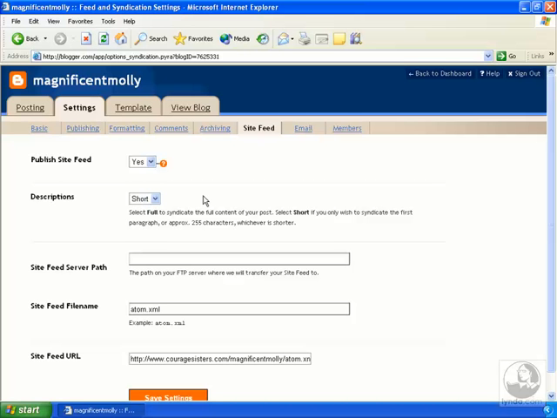At this point in time, until we have a better, more standardized means of doing syndication, it's just a good idea to keep things clean. So again, my recommendation is to set this to short. And if you have some reason that overpowers that, then full is certainly available to you. And you can always change it if you want to.